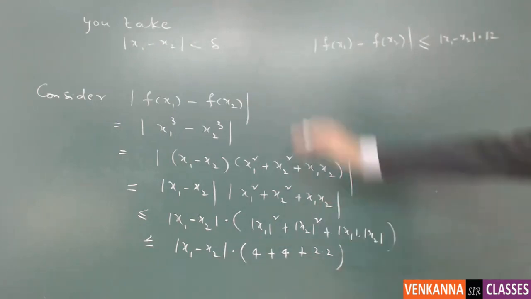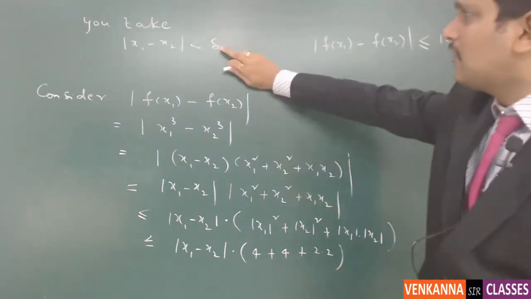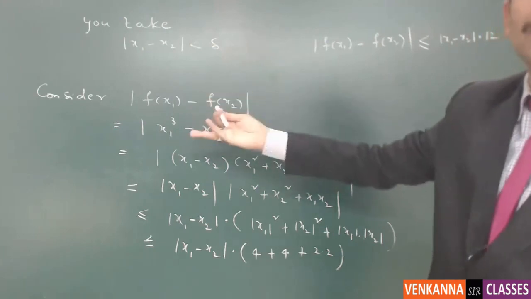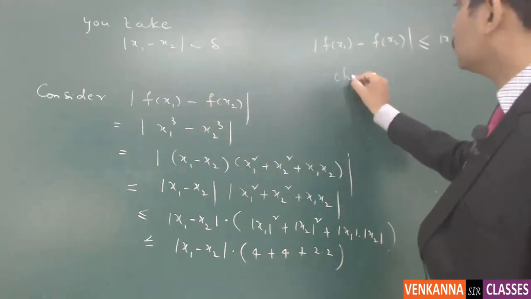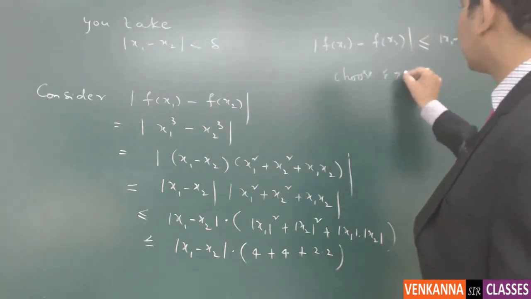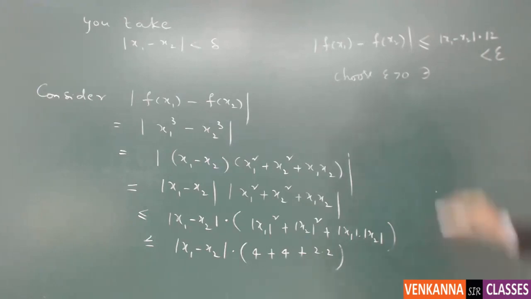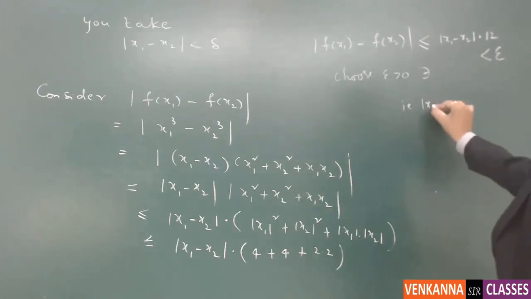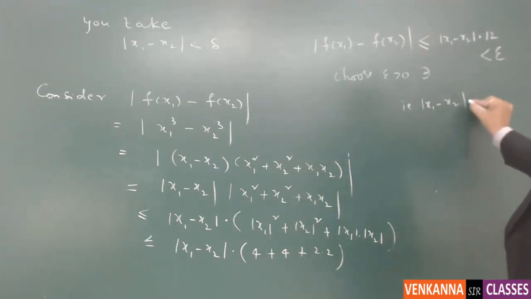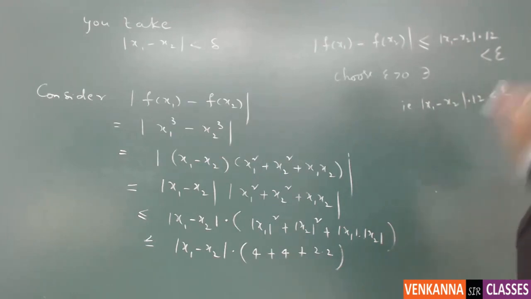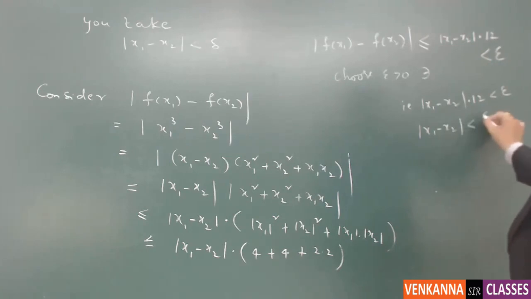So far I have a fixed delta, I didn't choose epsilon. So choose epsilon greater than 0 such that this value is less than epsilon. That is, mod x1 minus x2 into 12 is less than epsilon. So mod x1 minus x2 is less than epsilon by 12. Is that clear?